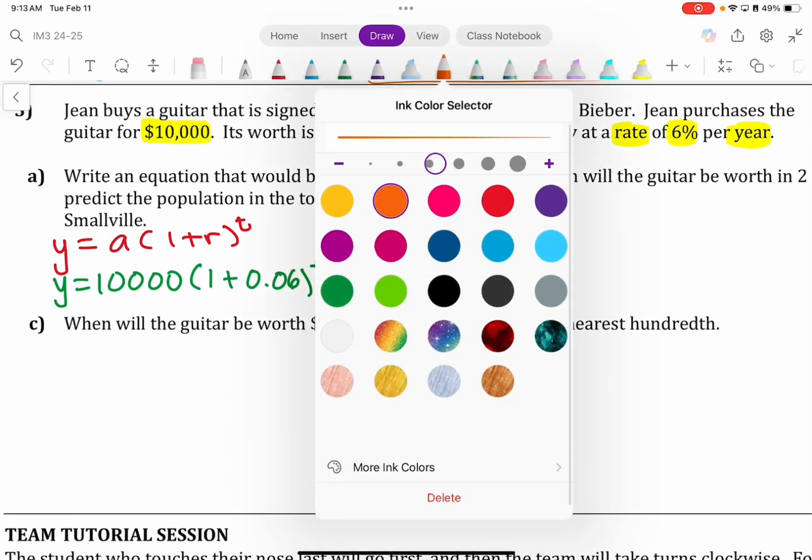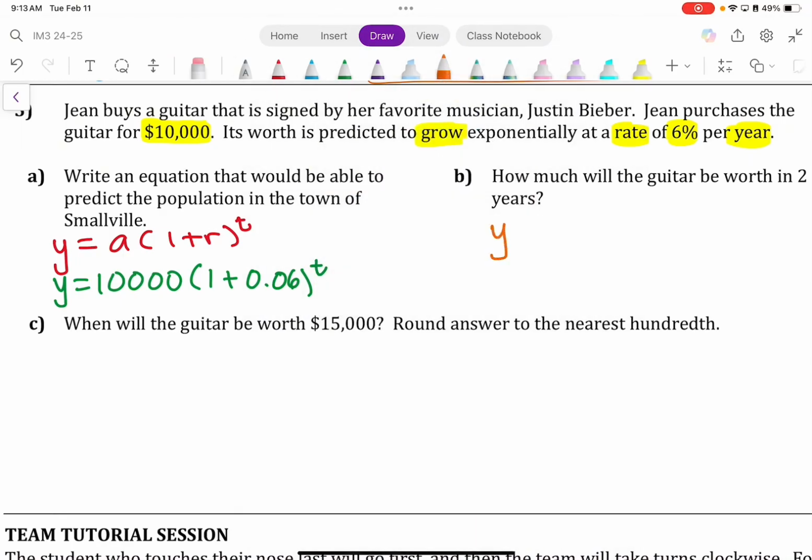Using this equation, we can answer part B. Y equals 10,000 times 1.06 to the power of 2. If you're at part B, plug that in: 10,000 times 1.06 squared. And round to the nearest hundredth, to the nearest cent, because this is money.